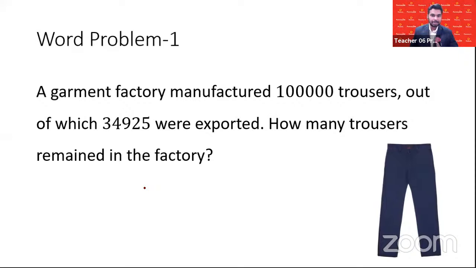It is traded to somewhere else. So you want to find how many you have to store in the factory. So can you put the answer in the chat box? So this is a direct application of the sutra that we just learned. Can you post the answers on the chat box?